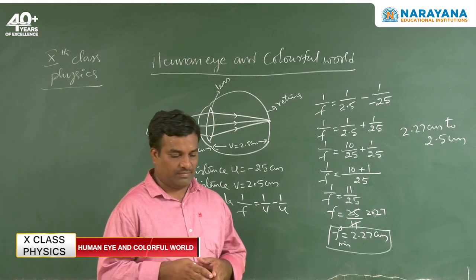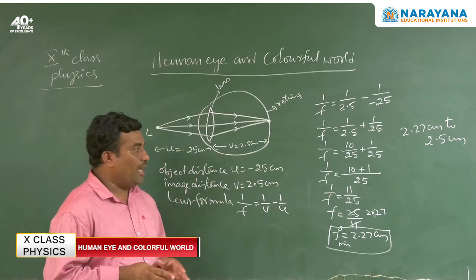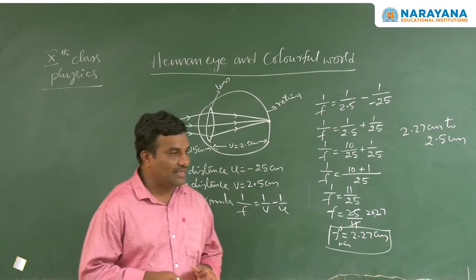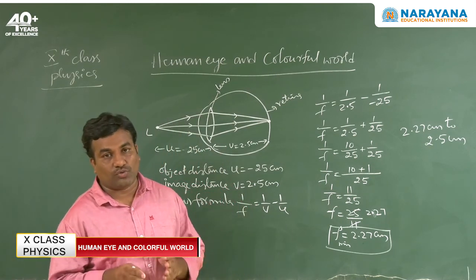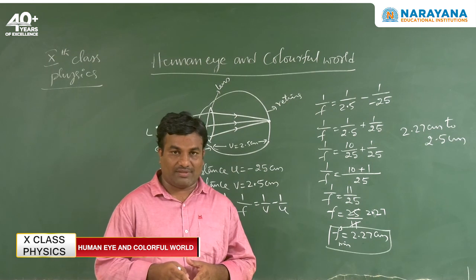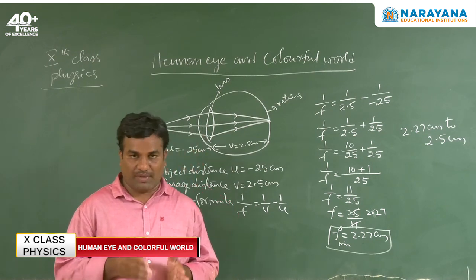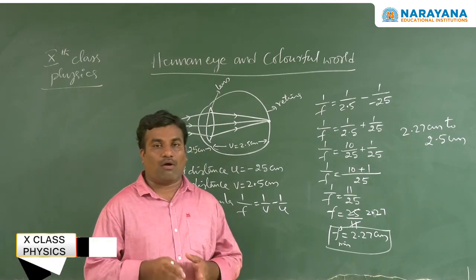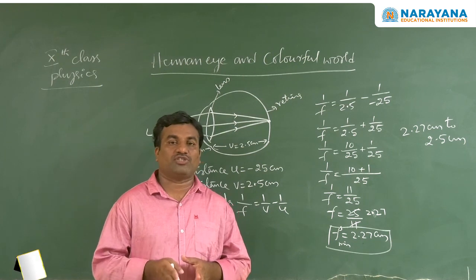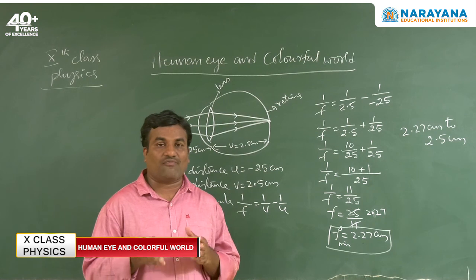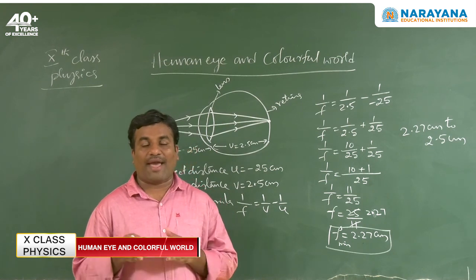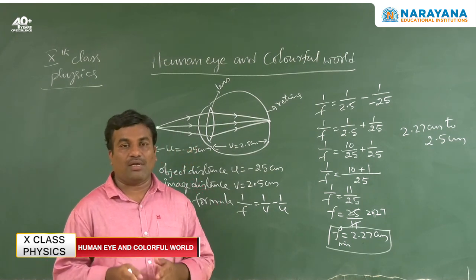This process means what? The ability of the eye lens to change its focal length from maximum to minimum is called accommodation. What is accommodation? The ability of the eye lens to change its focal length from maximum to minimum is called accommodation.